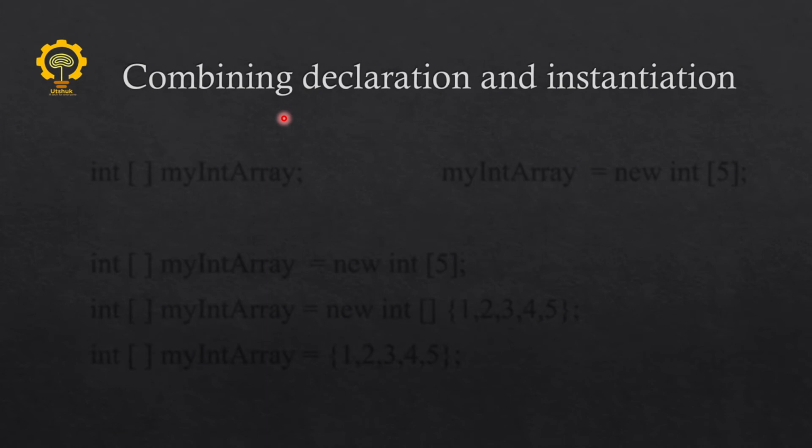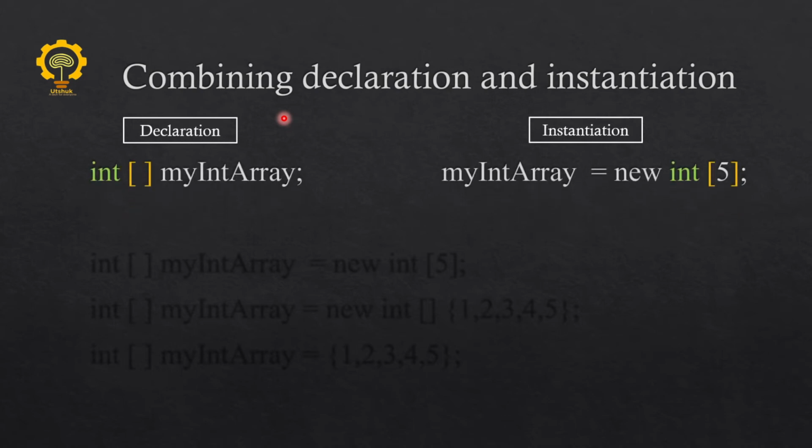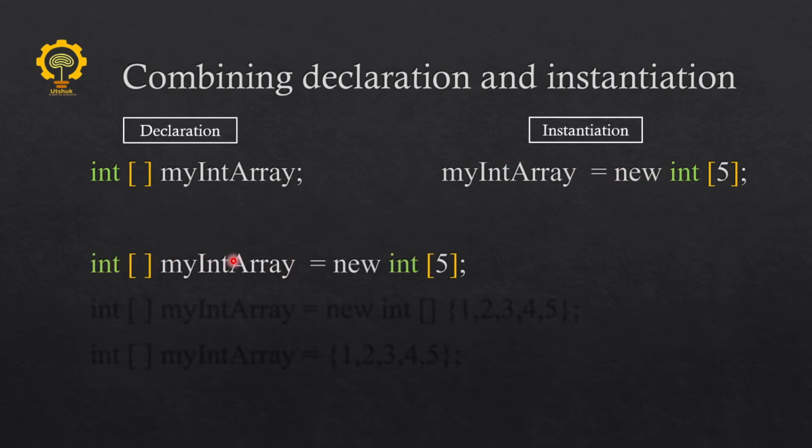So if we combine the declaration and the instantiation part, we can achieve the array as, this is the declaration part and this is the instantiation part. So if we combine these both, then we can achieve this convention of an array.